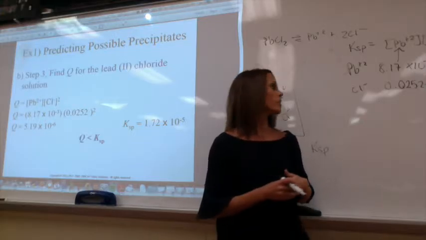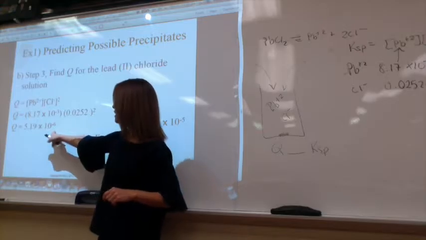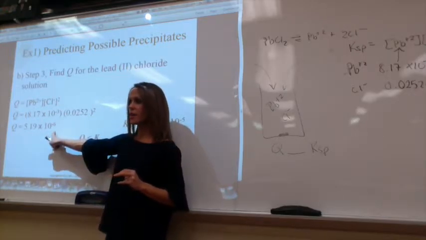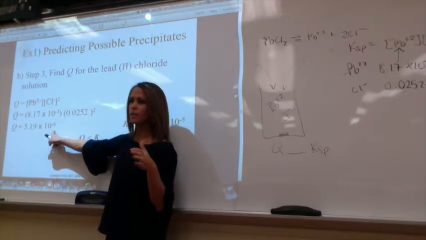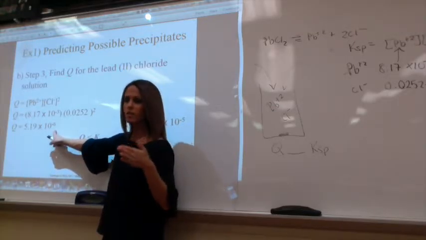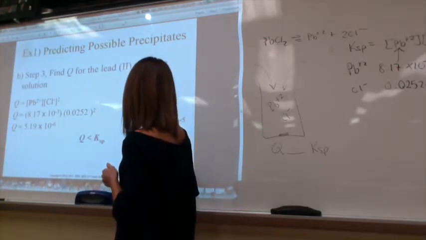So now we calculate and solve for Q. Here's Q: 5.19 times 10 to the negative 6. Now you have to figure out what that number means. I would not suggest memorizing Q's to K's. I would suggest that you recognize that a K always means products over reactants.